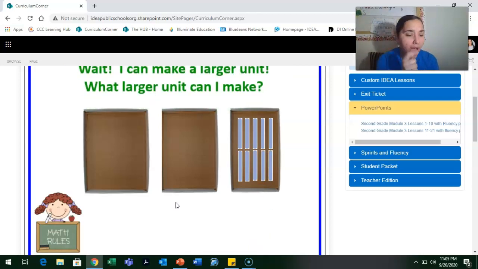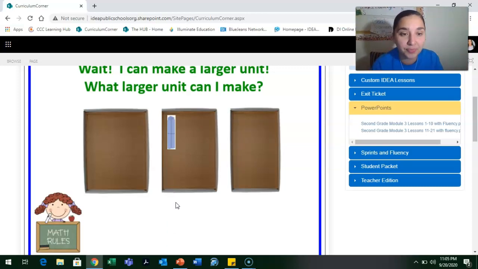Wait, if I put one more, if I put another one, I can make a larger unit. What will be the new larger unit? Yes, it will be 1 ten. I can bundle the 10 ones and make it into 1 ten. Well, let's make 1 ten. There it is, boys and girls.